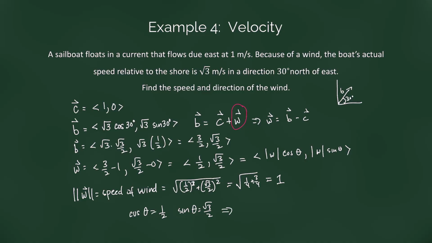Both of those tell us that the wind angle must be 60 degrees. So the speed of the wind is 1 meter per second, and the direction of the wind is 60 degrees, and that's going to be north of east.